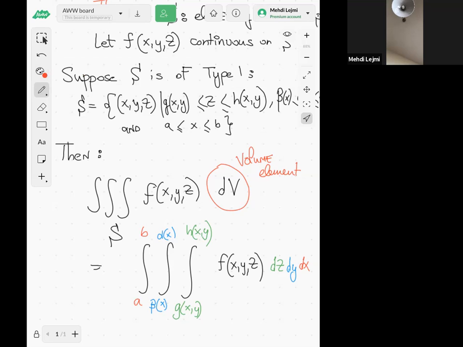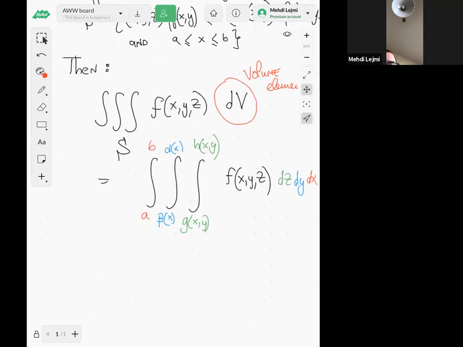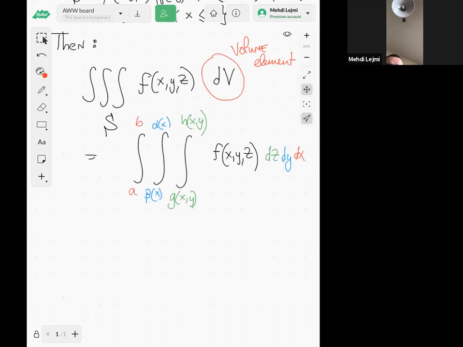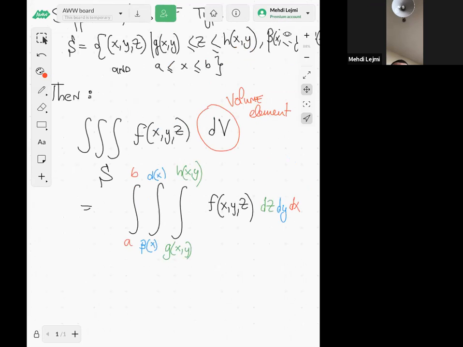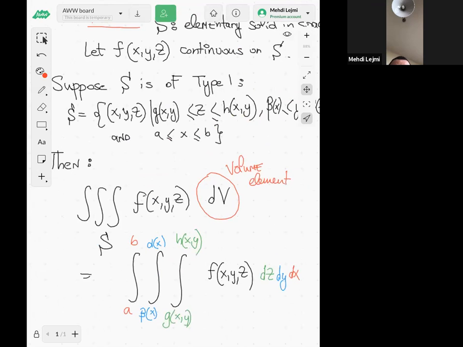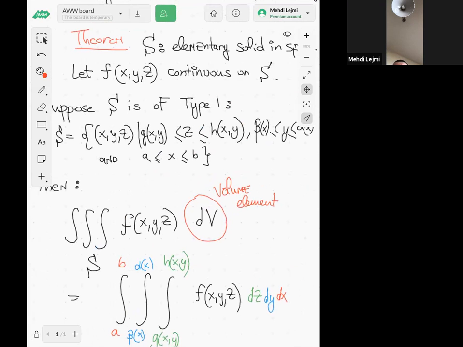So this is for type 1, when y is between two functions of x and x is between two constants. Let me make one more example, because in this triple integral we have six different situations.